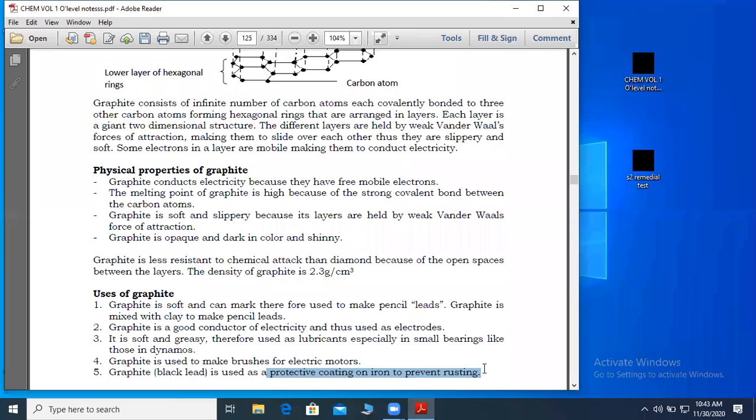That means carbon uses 3 electrons and 1 electron is left free. But in diamond, each carbon atom is bonded to 4 other carbon atoms, so all valence electrons are used in bonding, and therefore diamond does not have mobile electrons.